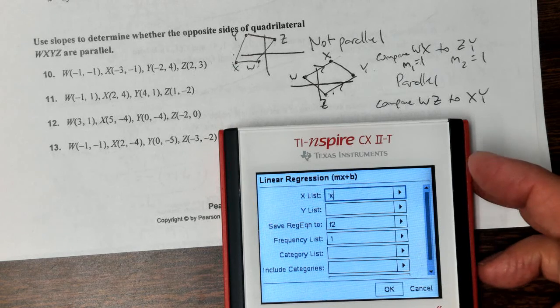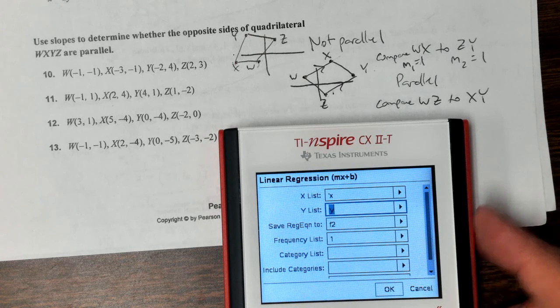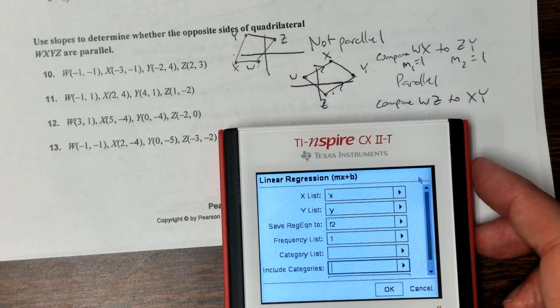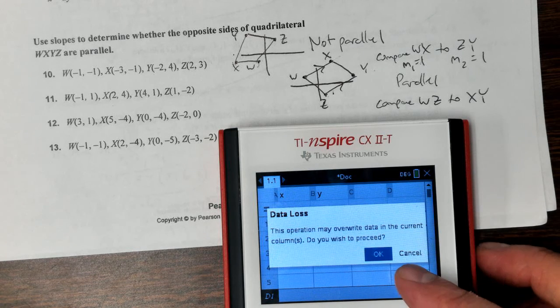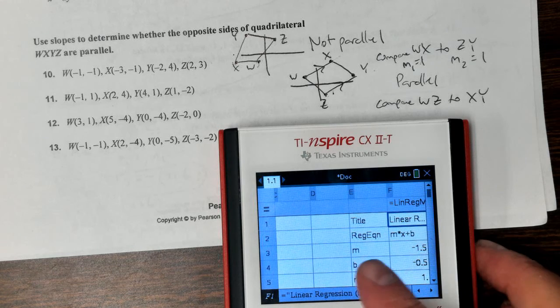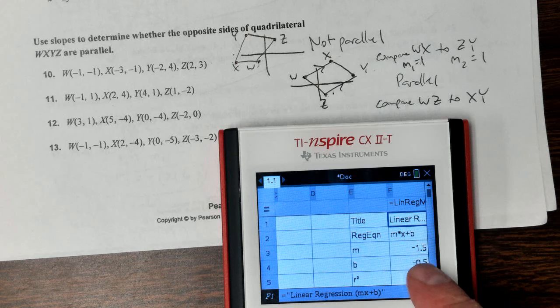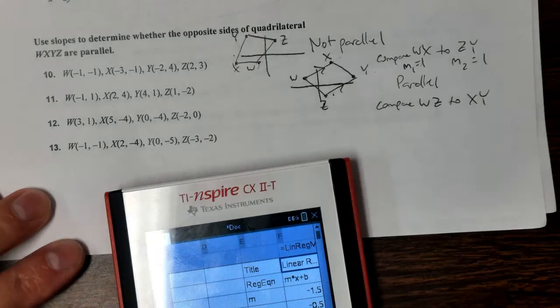There's choosing x and choosing y. And it says data loss. Let me see what happens. Might overwrite something. Yeah, it overwrote the other one, which is okay. This one gives me negative 1.5 for my slope.